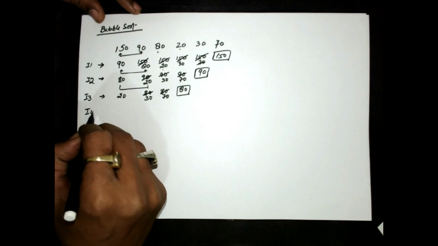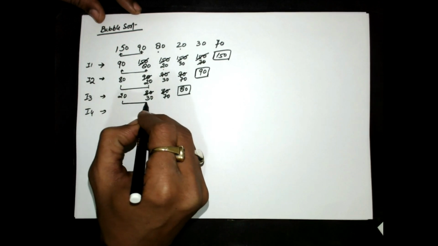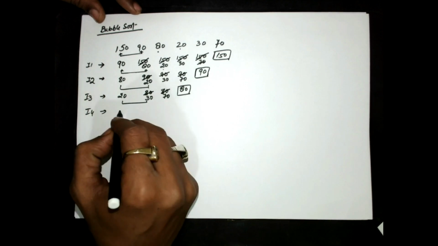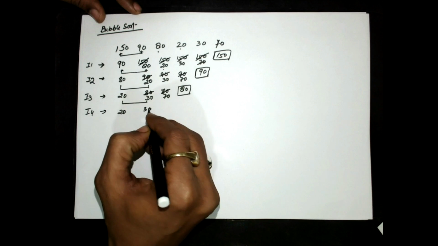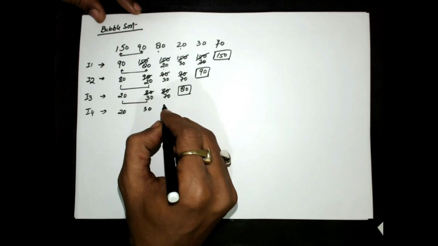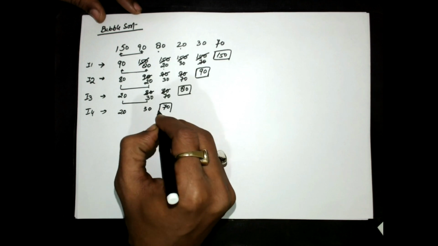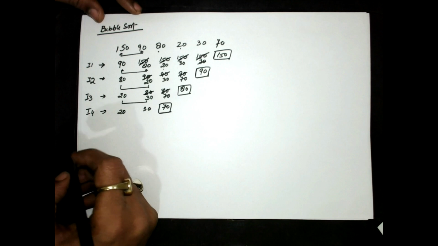We'll again do another iteration. 20 gets compared with 30. No exchange because 20 is smaller and 30 is larger. Now 30 gets compared with 70. Again no exchange because 30 is smaller and 70 is larger. So now 70 occupies its appropriate position in the sorted array.